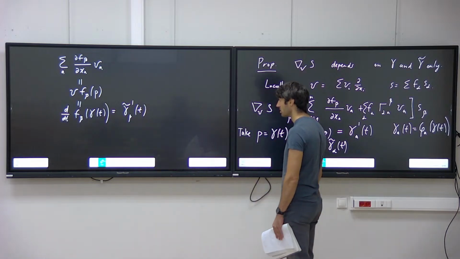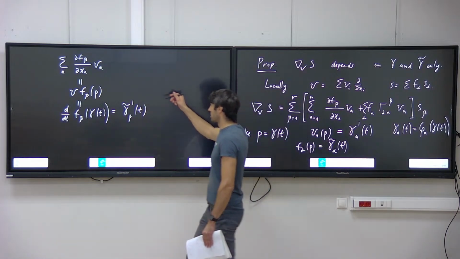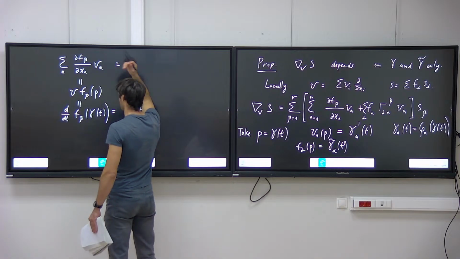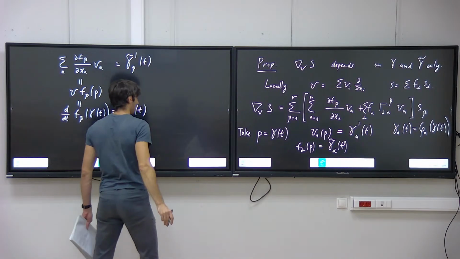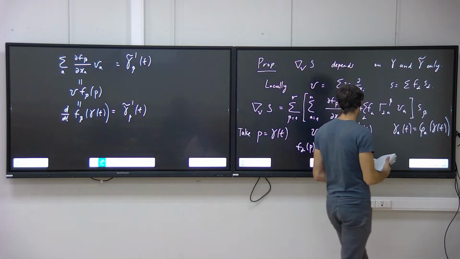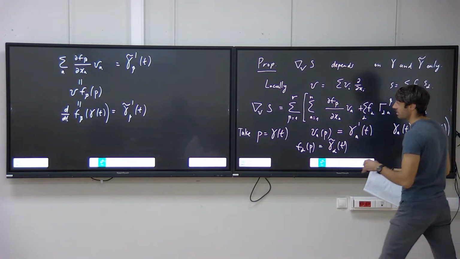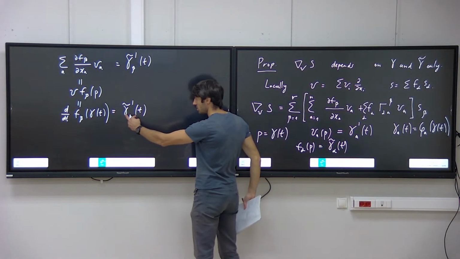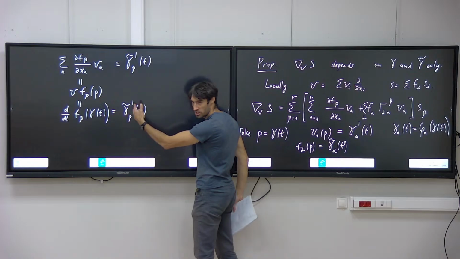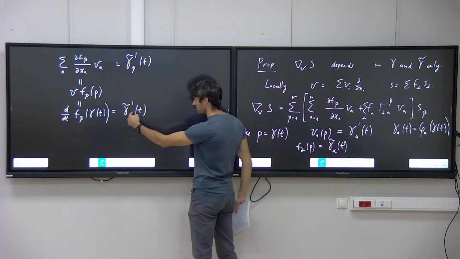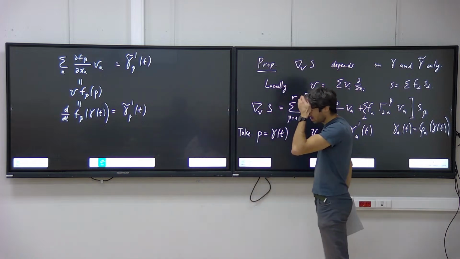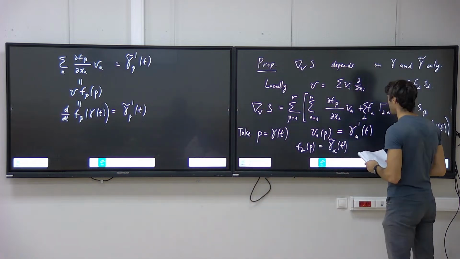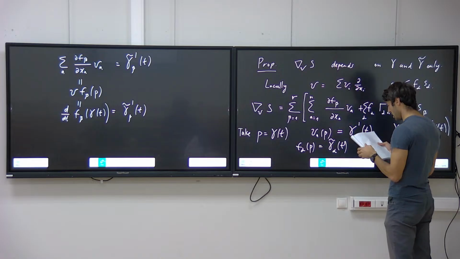So therefore, this also does not depend on extension. It's just gamma beta prime tilde of t. This index means it's just really the derivative of this function. It's not a derivation along this curve. This is like a function; I take its derivative at a point t. Anyways, we proved the proposition.